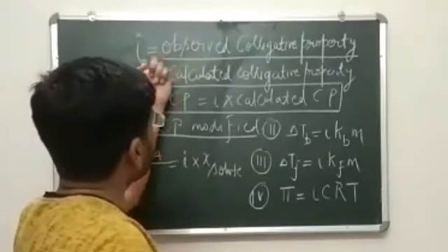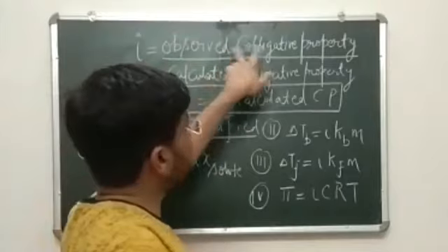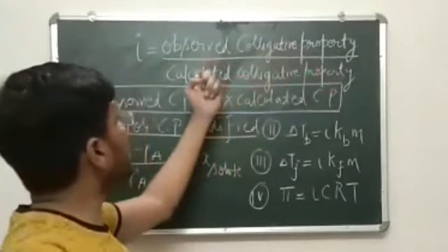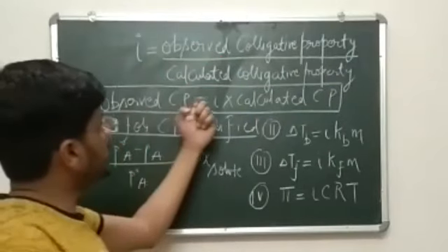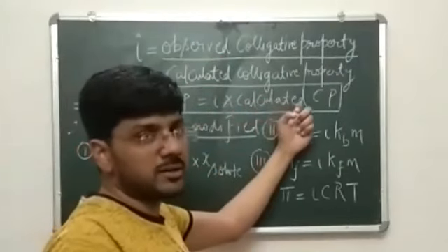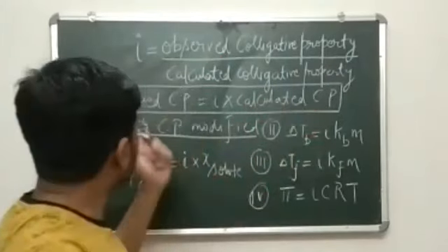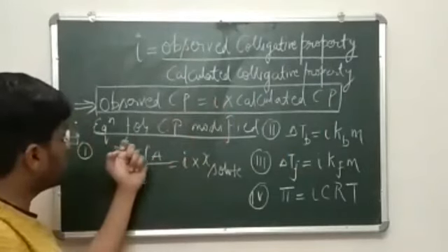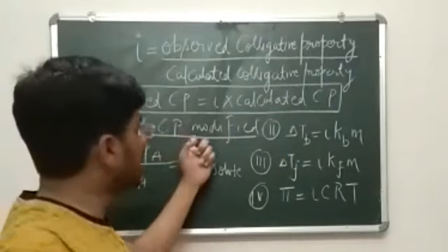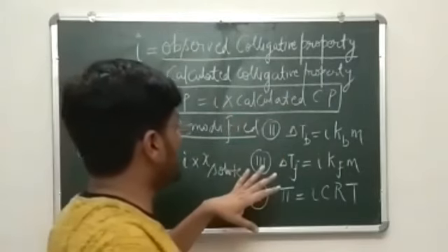Now we know that iota is equal to the ratio of observed colligative property divided by calculated colligative property. So the observed colligative property becomes iota times the calculated colligative property. Because of this inclusion of the factor iota, the equations we have studied for colligative properties will all be modified.